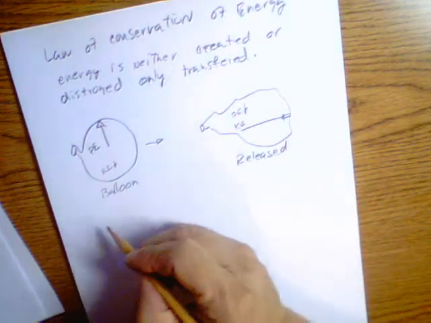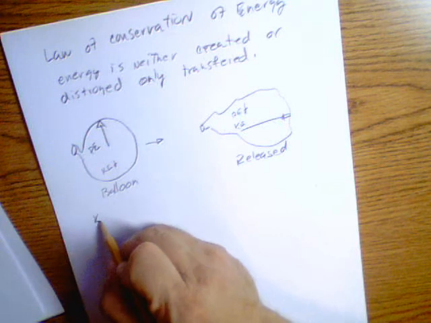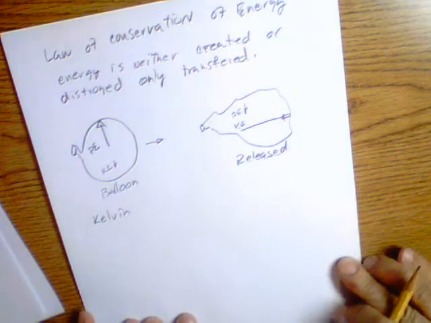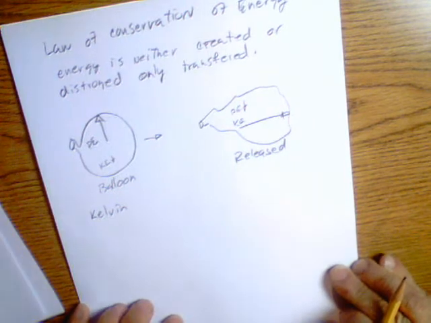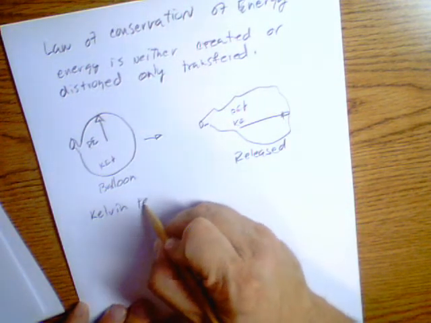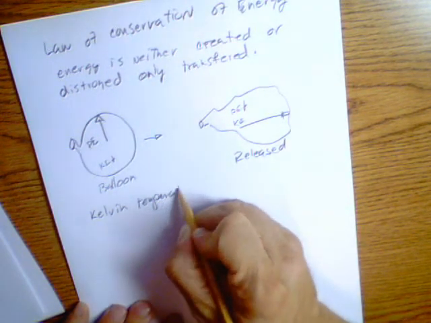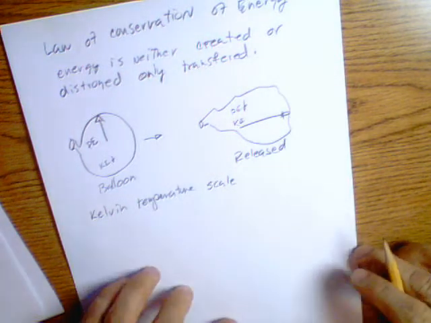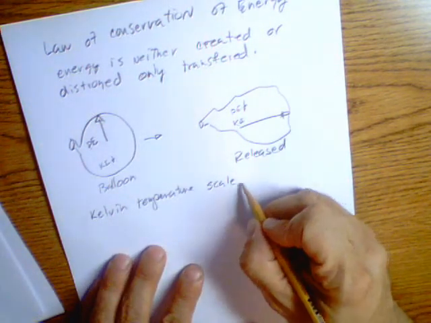Another temperature scale is the Kelvin. You don't say degrees when you say Kelvin. We'll use the Kelvin temperature scale in SI units as well.